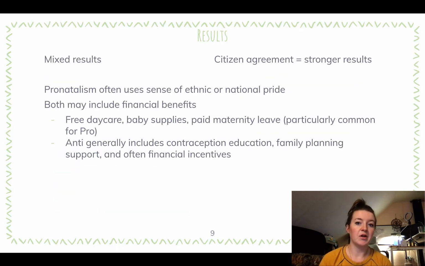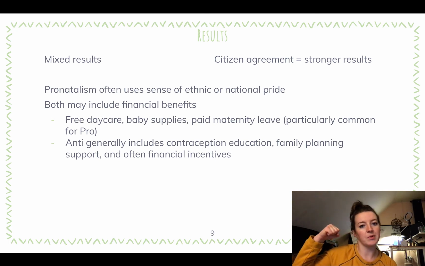So overall, what we see are some results and some consequences. So we're going to start with results. We often have mixed results. Usually, if the citizens agree with the government policies, there are stronger results. If they don't like them, they don't agree with them, the results aren't going to be very good. Pronatalism is often going to use a sense of ethnic or national pride to promote people having children.